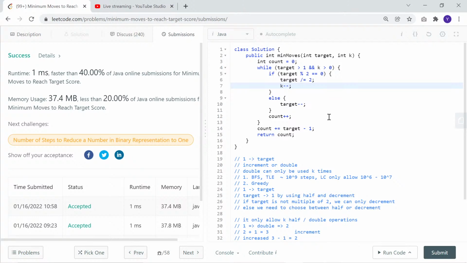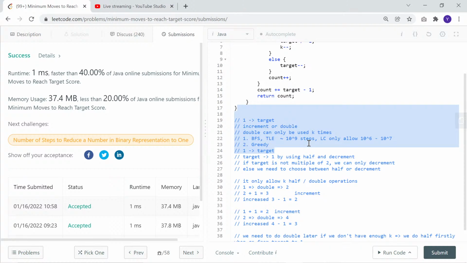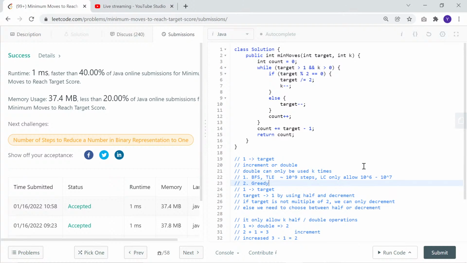So this is an example of a greedy approach to solve the Q2 of the contest.